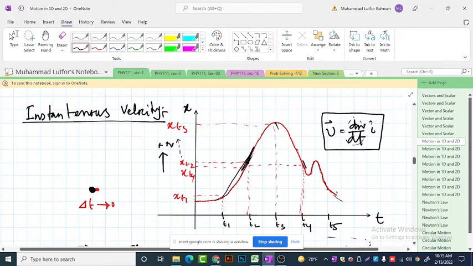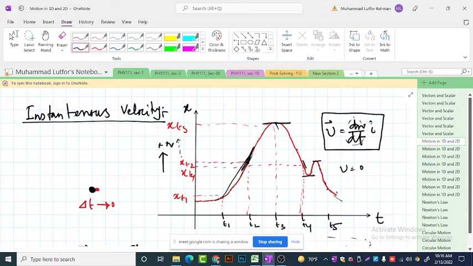I can say the tangent at that point, at the t3 point, would be 0, and at that point the tangent is also going to be 0. Right? Yes, sir. These 3 points for this curve, the tangent is going to be 0. So in that case the instantaneous velocity is also going to be 0 at these 3 points, or 3 times.